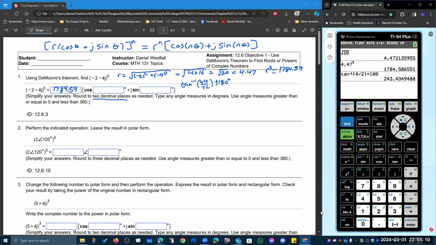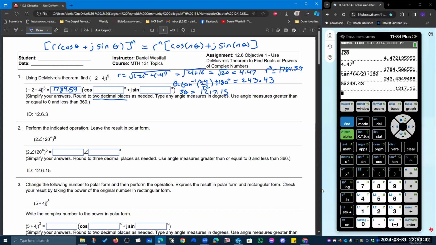And they want me to say that this is equal to 243.43. Again, 2 decimal places for everything. They're going to call this theta. I need to find n theta now. So n theta, 5 theta, is going to be 5 times 243.43, which is 1217.15.